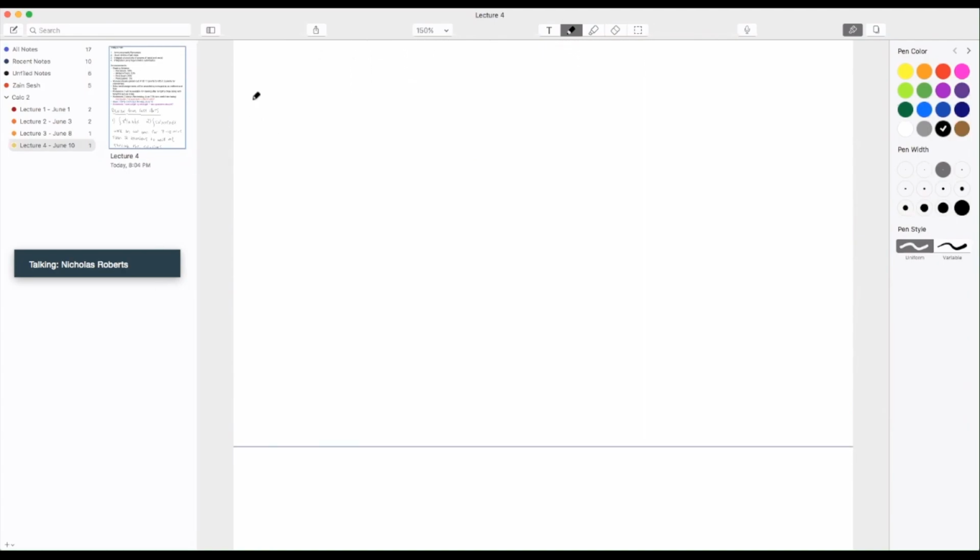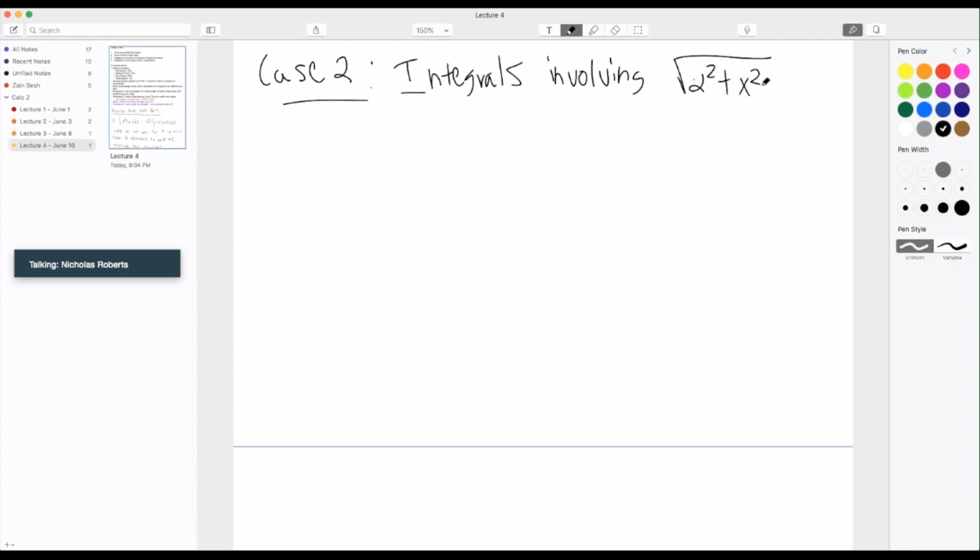Okay. We're going to do case 2, one example of it, and case 3, one example of it, and then we'll be finished. So case 2: these are integrals involving alpha squared plus x squared.